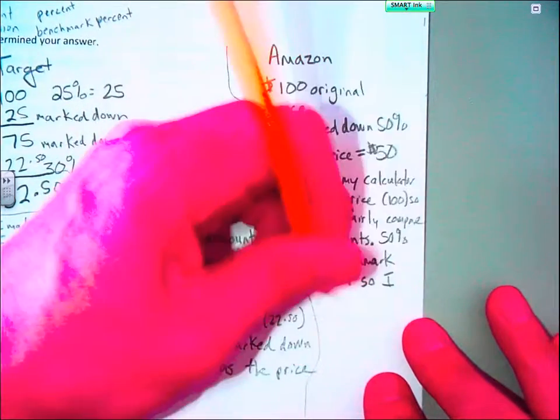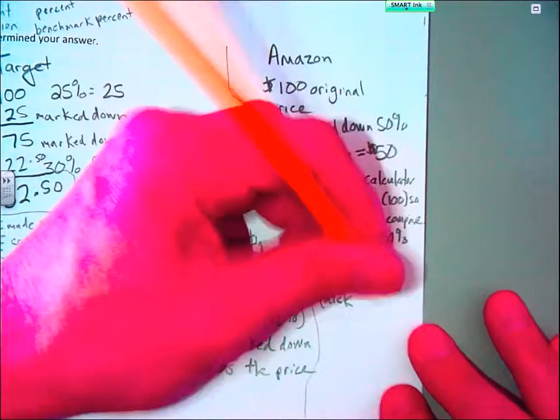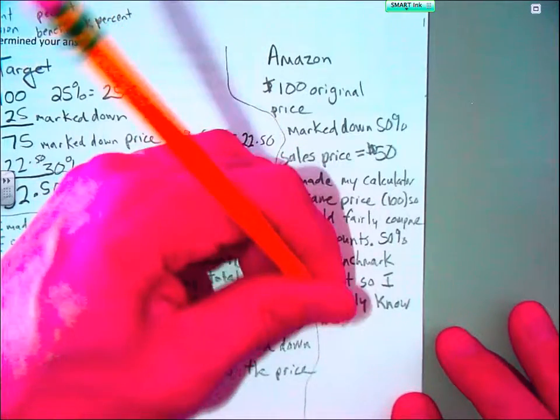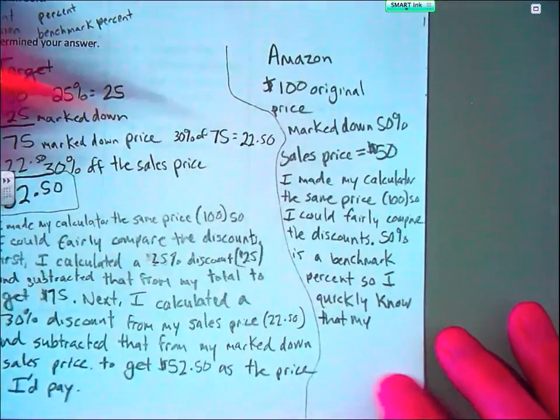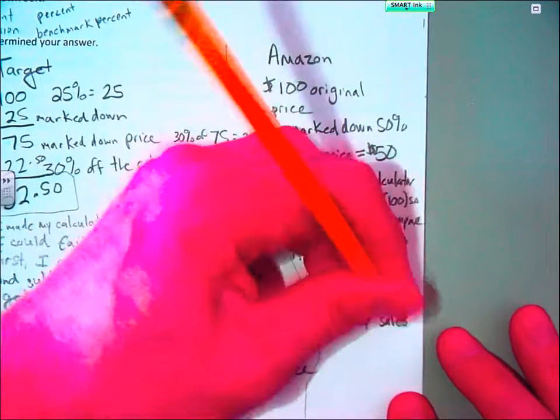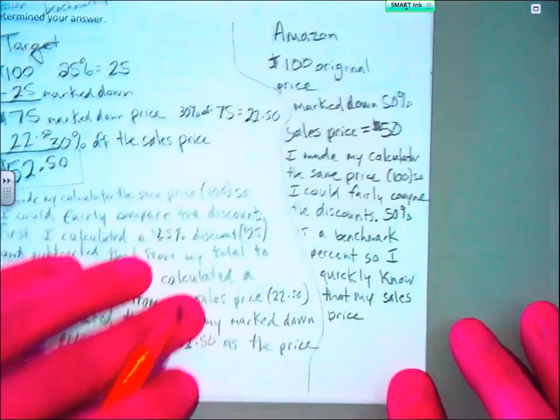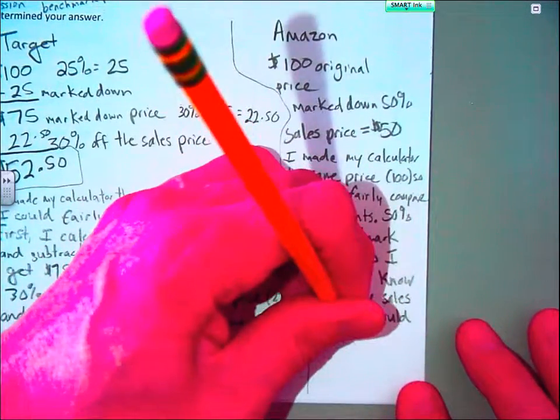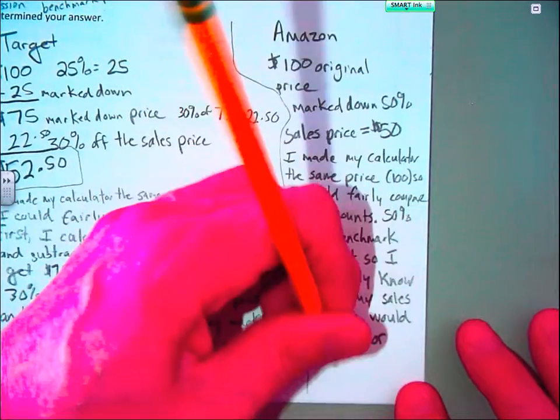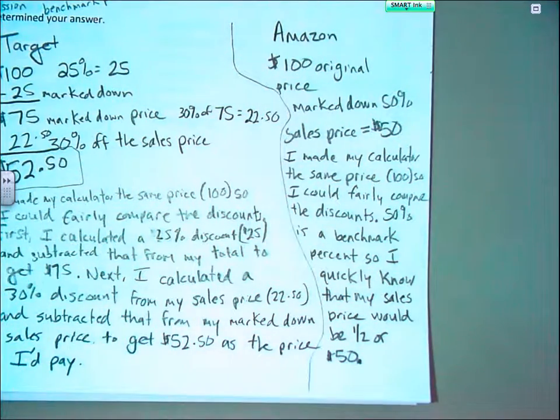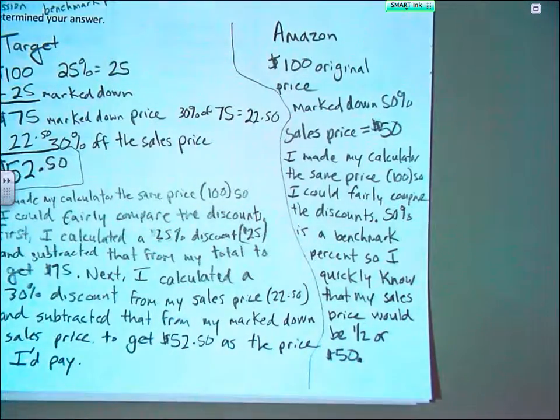So I quickly knew that my sales price would be half, or $50. And a partridge in a pear tree.